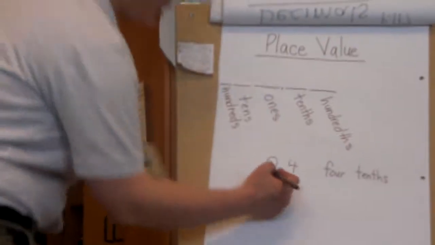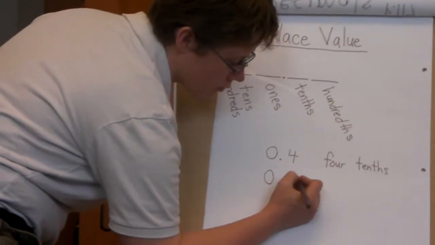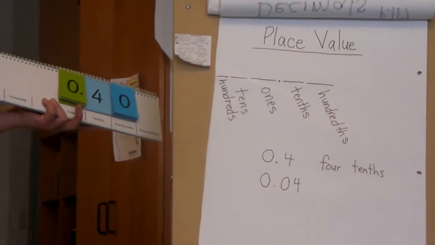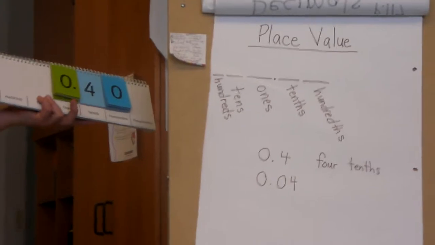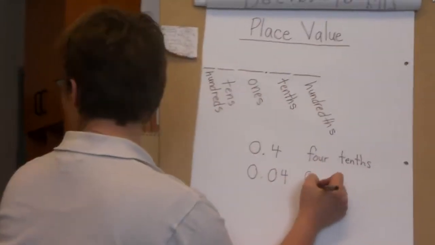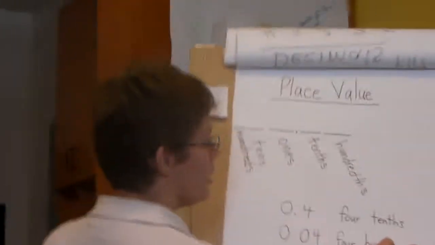All right, what would this be? What would that be? 4 hundredths. Good. 4 hundredths. Excellent.